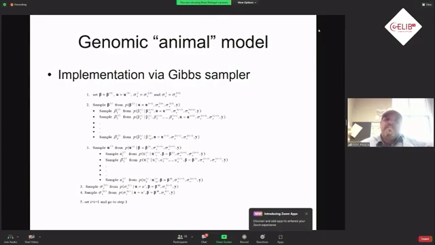Okay, so for those of you who have very little to no information in Bayesian inference, this is just considered as an iterative procedure that uses consecutive sampling from a certain set of distributions that are not necessarily the target one, but some intermediary distributions.